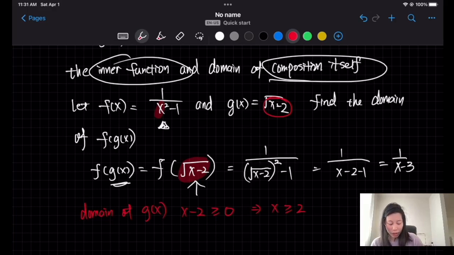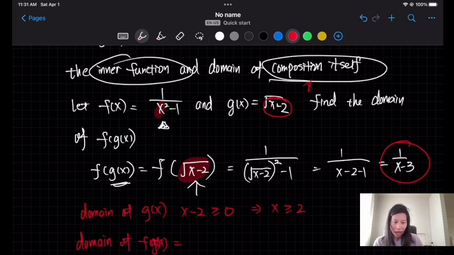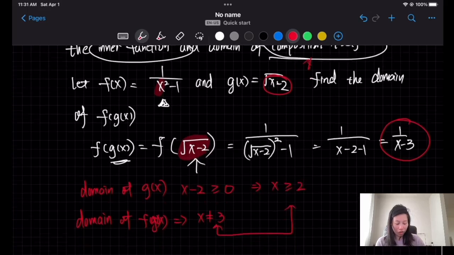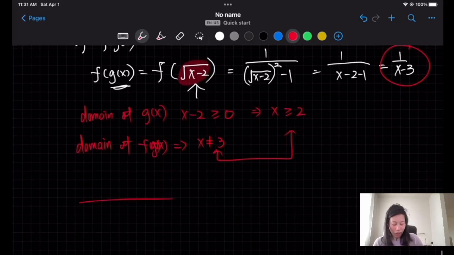Now the second part I need to consider is the composition itself. After you've done the composition, the function becomes 1 over x minus 3. So the domain of f of g of x is everything but x cannot equal 3, because when x equals 3, the function is undefined. Now if we combine these two together, I draw a number line.